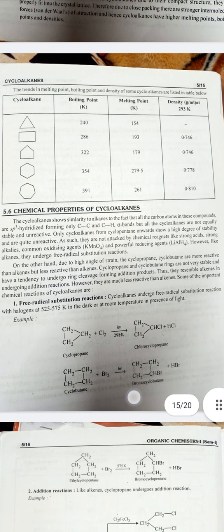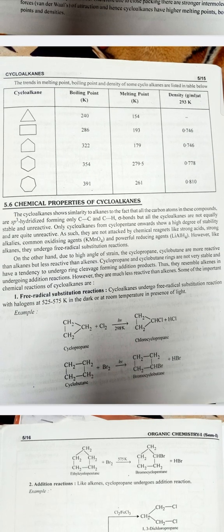Chemical properties of cycloalkanes. The cycloalkanes show similarity to alkanes in that all the carbon atoms in these compounds are sp3 hybridized, forming only carbon-carbon single bonds and carbon-hydrogen single bonds, sigma bonds. But all the cycloalkanes are not equally stable and unreactive.